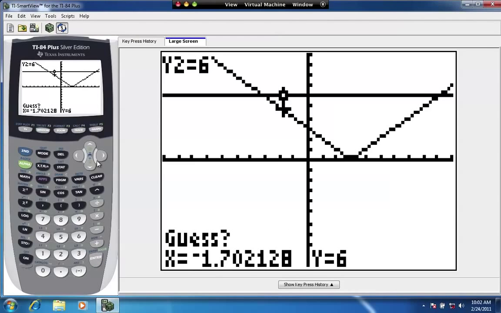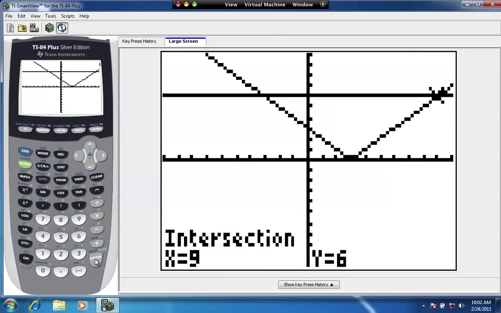And guess, let's move our cursor in the proximity of the other point of intersection. We want to be close to that other point of intersection, and we'll hit enter again. And the intersection there is 9, 6. So the other solution to the equation, absolute value of x minus 3 equals 6, would be 9. So the two solutions are -3 and 9.